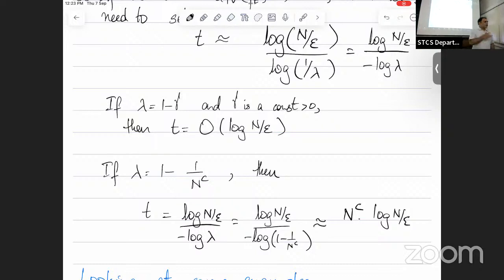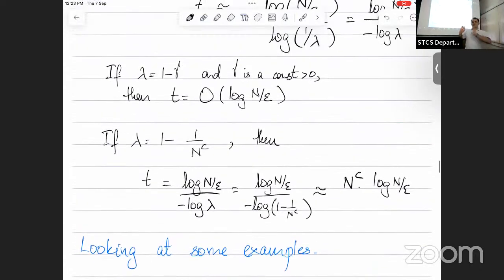Okay. Now, in the remaining time, I don't want to start a new topic. So we are going to just use this to analyze the random walk, and then maybe spend some time to get a sense of what happens here. So let's just look at some examples before we analyze the randomized algorithm for ST connectivity.